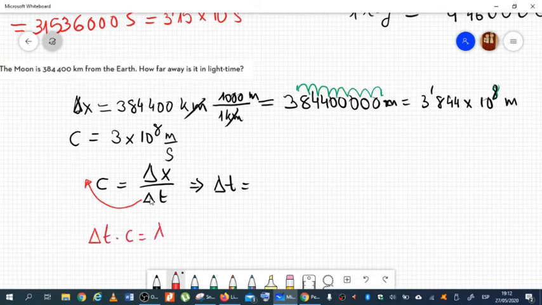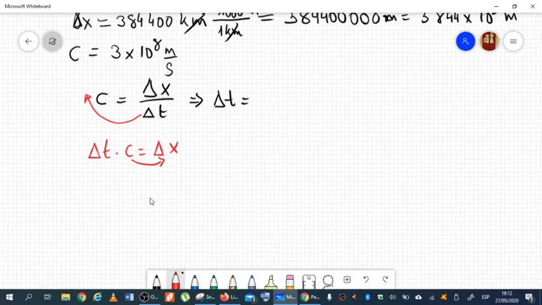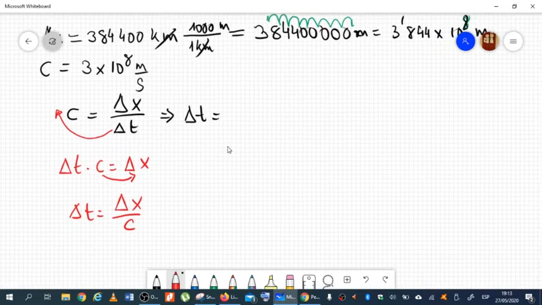Now C goes to the other side, and we have the time is equal to, or simply you have to swap these two. I explained this to you during our lessons in school, but I don't remember if you remember it. So it is the distance divided by the speed of light.